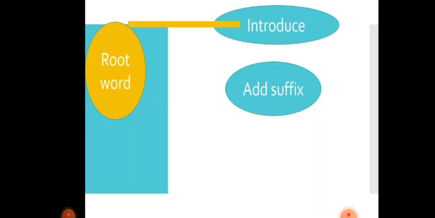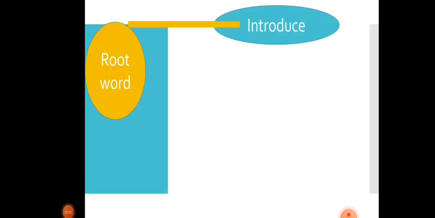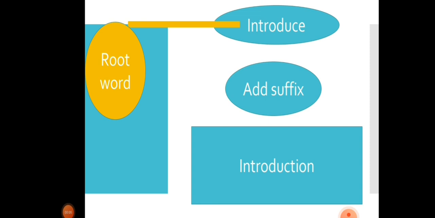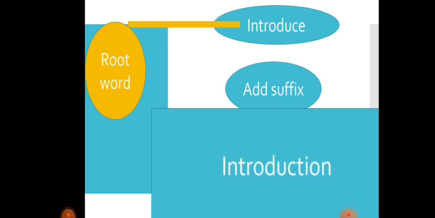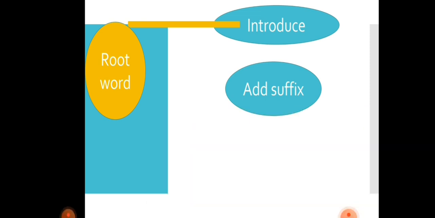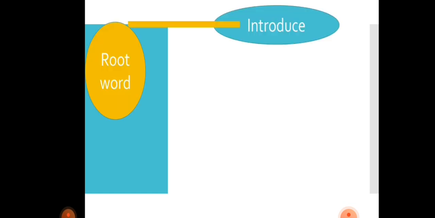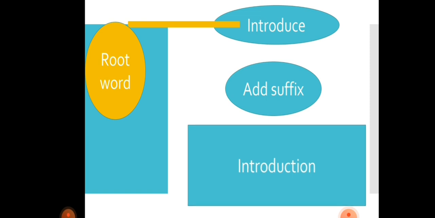Next one is introduce, introduction. We know that, right? You are adding a suffix here, and so you get the word introduction. The same thing: introduce, root word, you add a suffix, and then you get introduction. Okay, my dear students, we'll move on to the next slide. I hope you can understand so well about prefix and suffix.